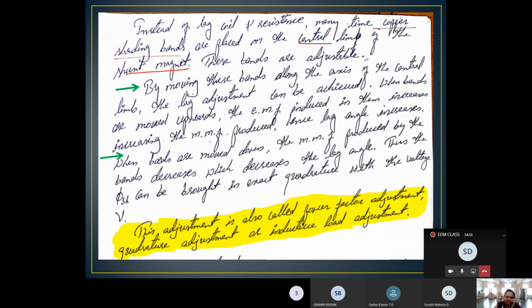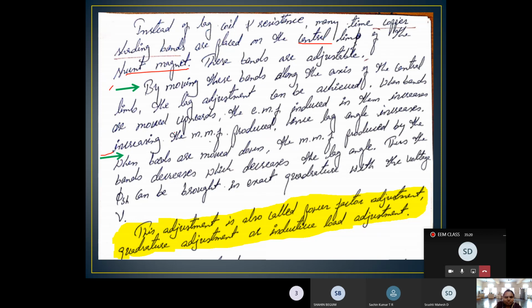How is it going to be adjusted? Here two points are taken. The first one is by moving these copper shading bands, either upper or lower. By moving the bands along the axis of the central limb, the lag adjustment can be achieved.